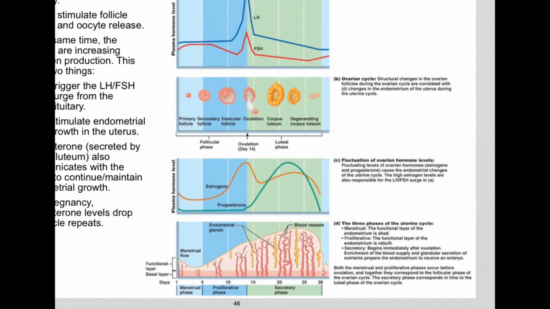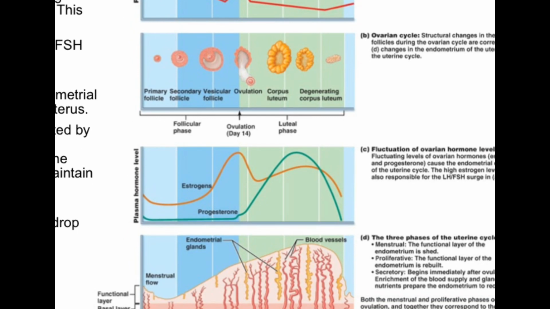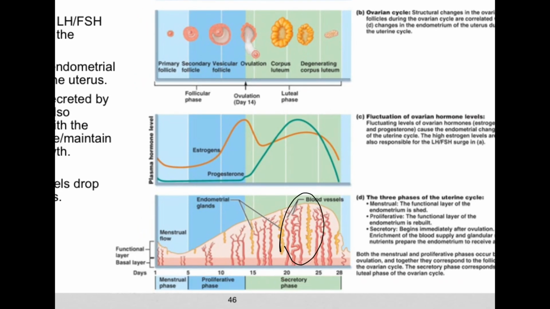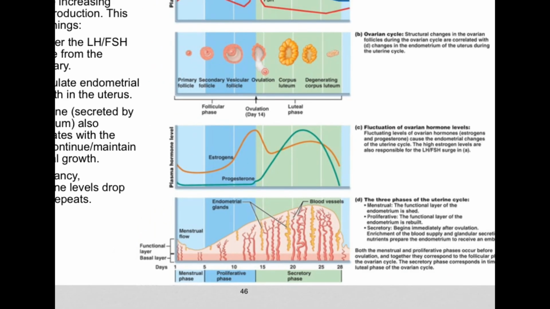The reason this has to be coordinated is if ovulation happens at day 14, implantation is likely to happen 3 to 5 days after that. And what you'll notice is that window down here is when the endometrium is at its thickest. So you have to have that endometrium large and vascularized so it's ready for implantation at the right time. If the endometrial growth peaked back here before ovulation, that wouldn't make any sense. You'd be out of sync.